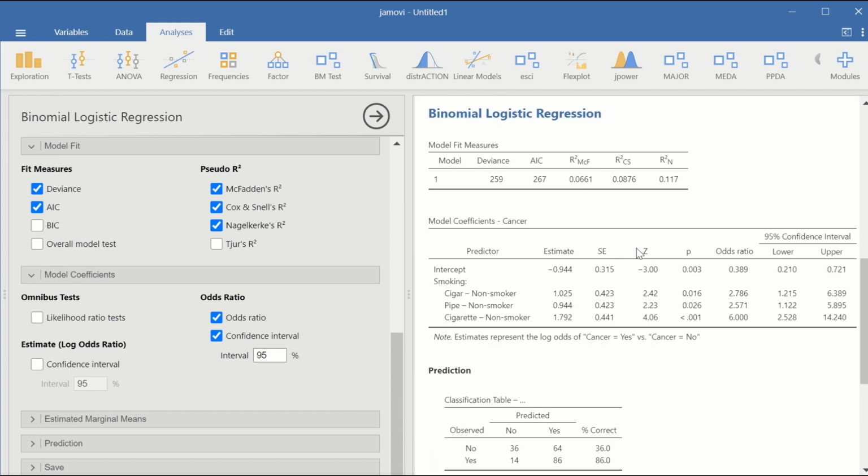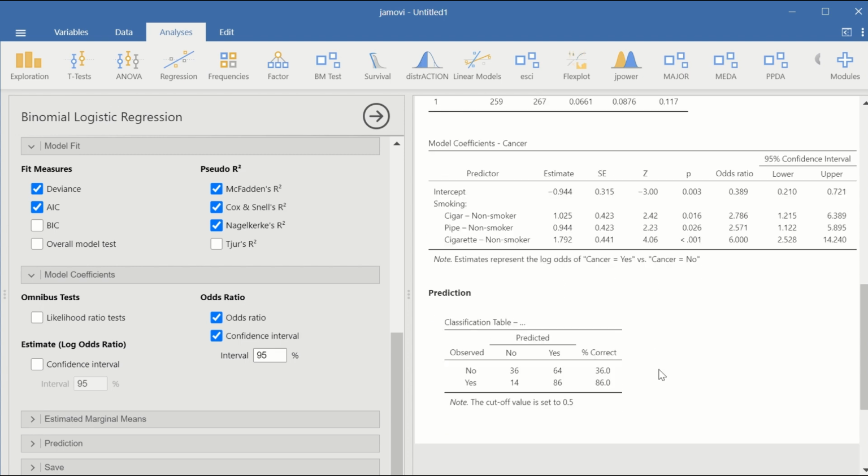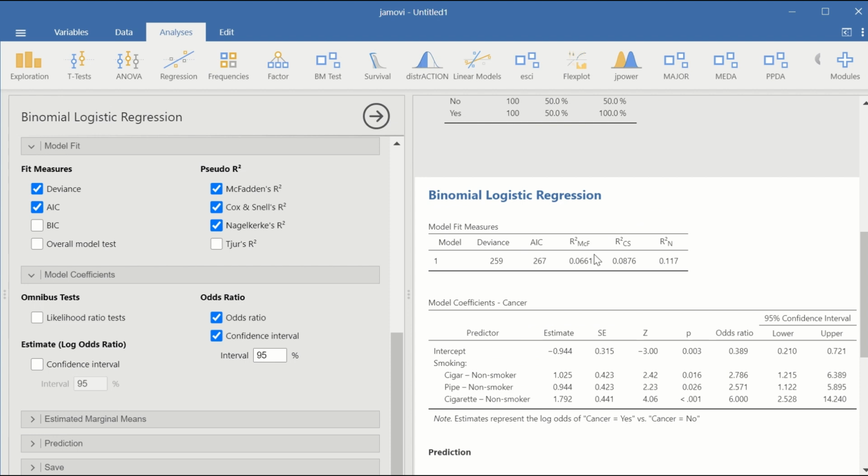Looking at the output from the binary or binomial logistic regression test, there are multiple tables produced. The first table is for the model fit measures.